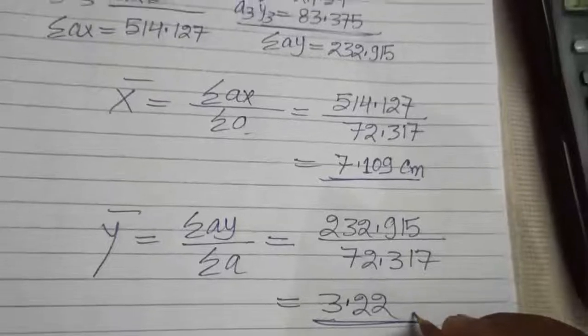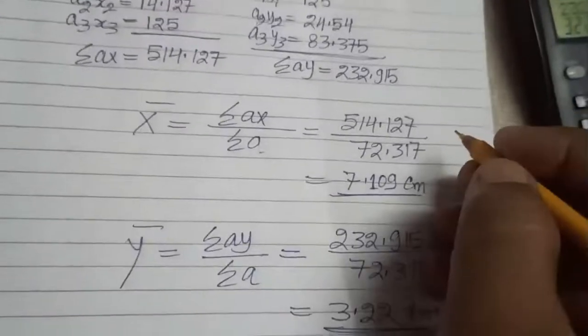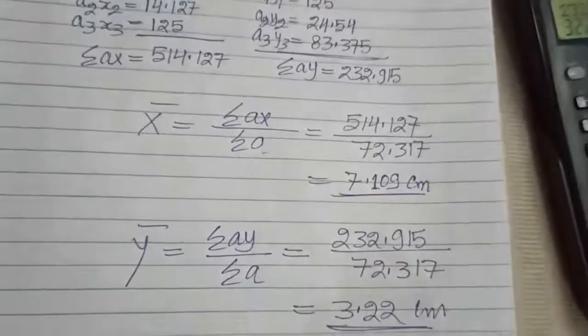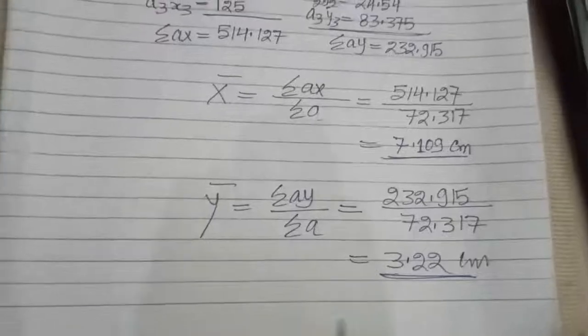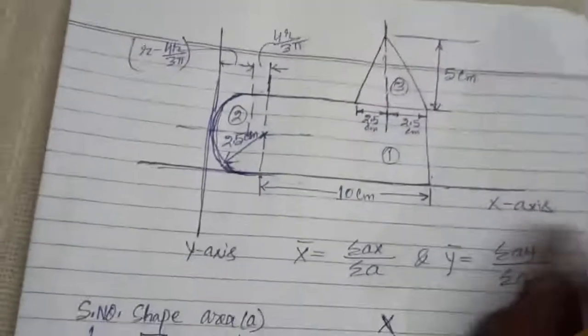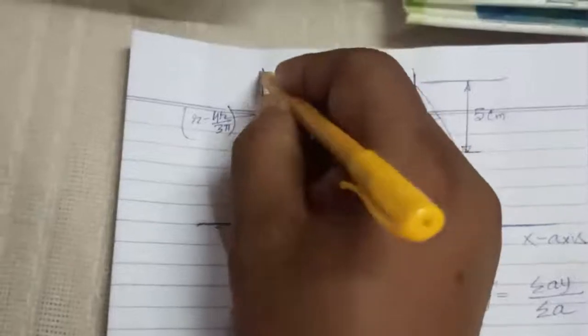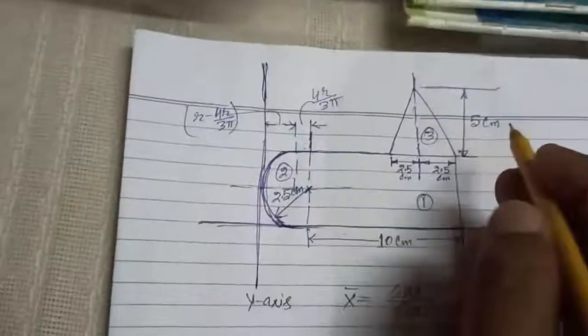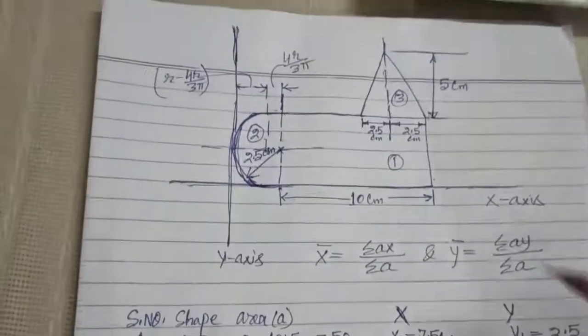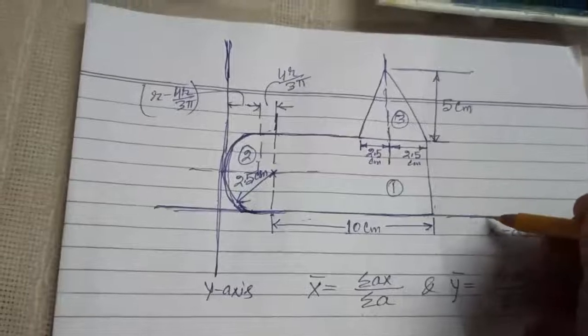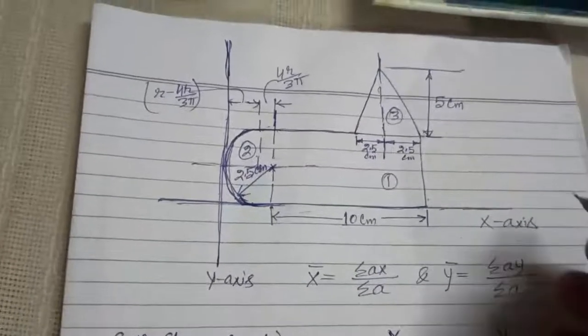3.22 centimeter and 7.109 is X bar. So X bar is from the Y axis, and Y bar is from the X axis.